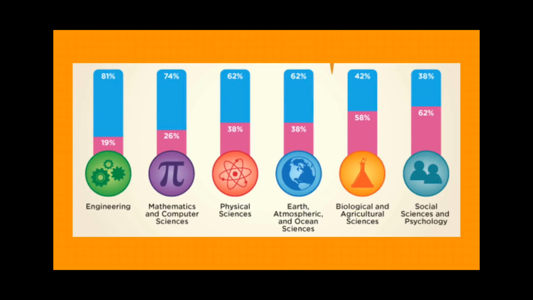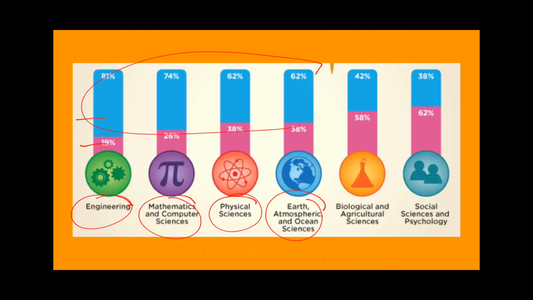Here, we see the global distribution of scientists between men and women, and of course we have pink for women and blue for men. Not really appropriate to assign color to them, but I'm just assuming that. And if you see the STEM sciences, mathematics and computer science, engineering, earth and atmospheric sciences, usually the natural sciences and the hard sciences are dominated by the men.